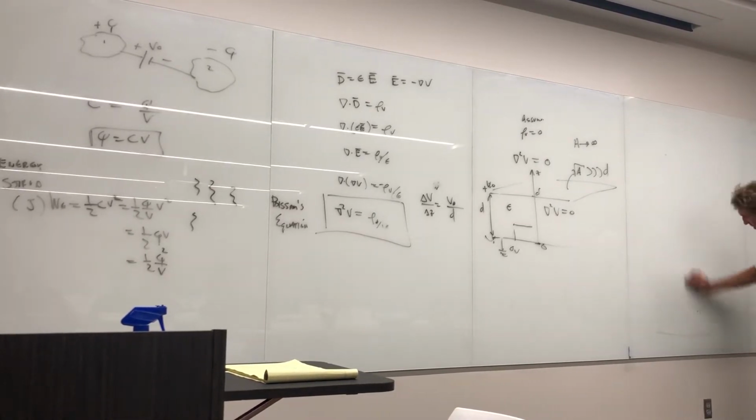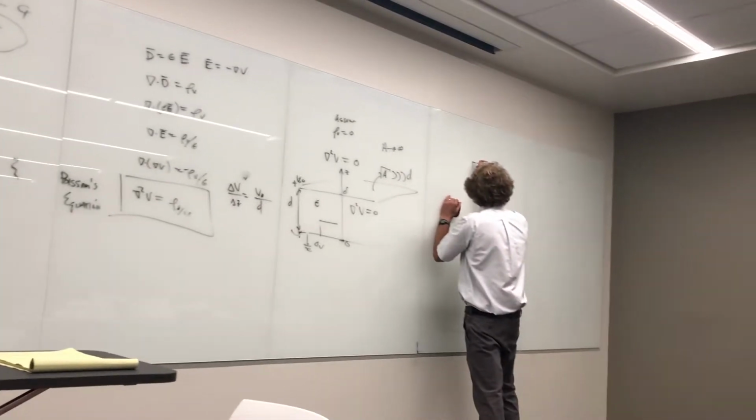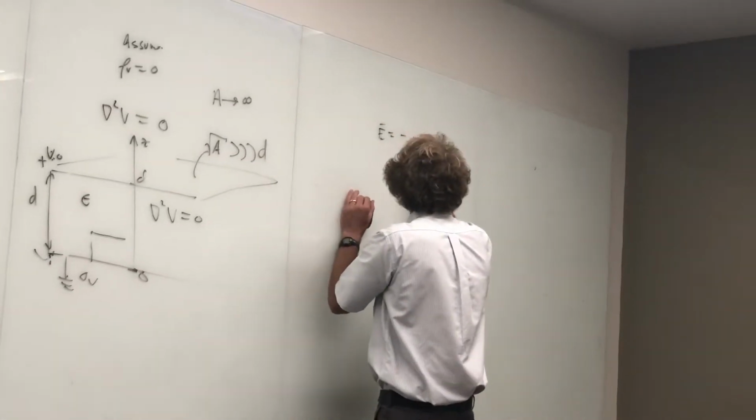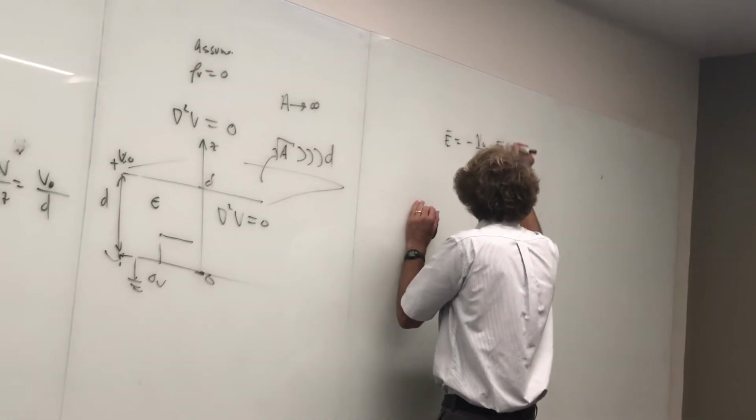This is something I'm going to cover later today, but we had the electric field between the plates given simply as minus V naught over d a_z. Do y'all agree with that?